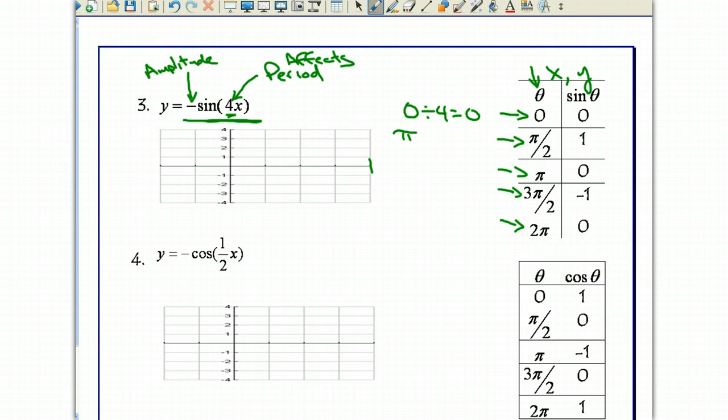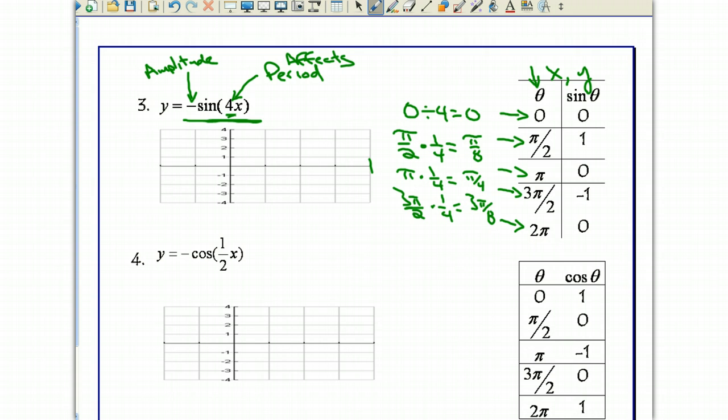So we have 0 divided by 4, no big deal, it's still 0. Pi halves divided by 4 is like multiplying by the reciprocal, 1/4. So I now get pi over 8. Pi divided by 4 is like multiplying by 1/4. So I now get pi over 4. 3 pi halves, again multiply by the reciprocal.